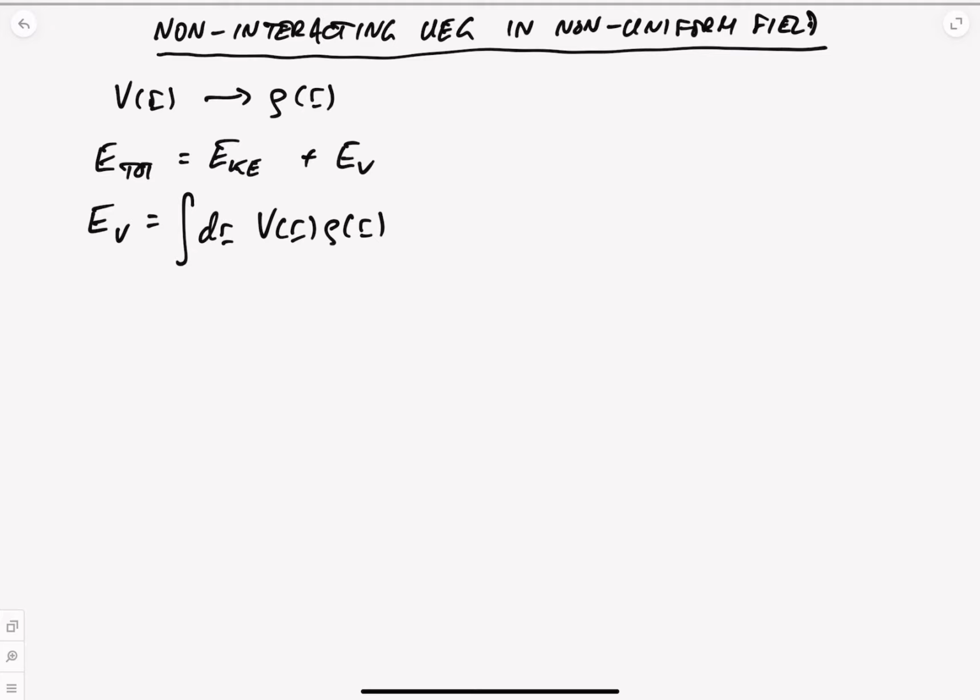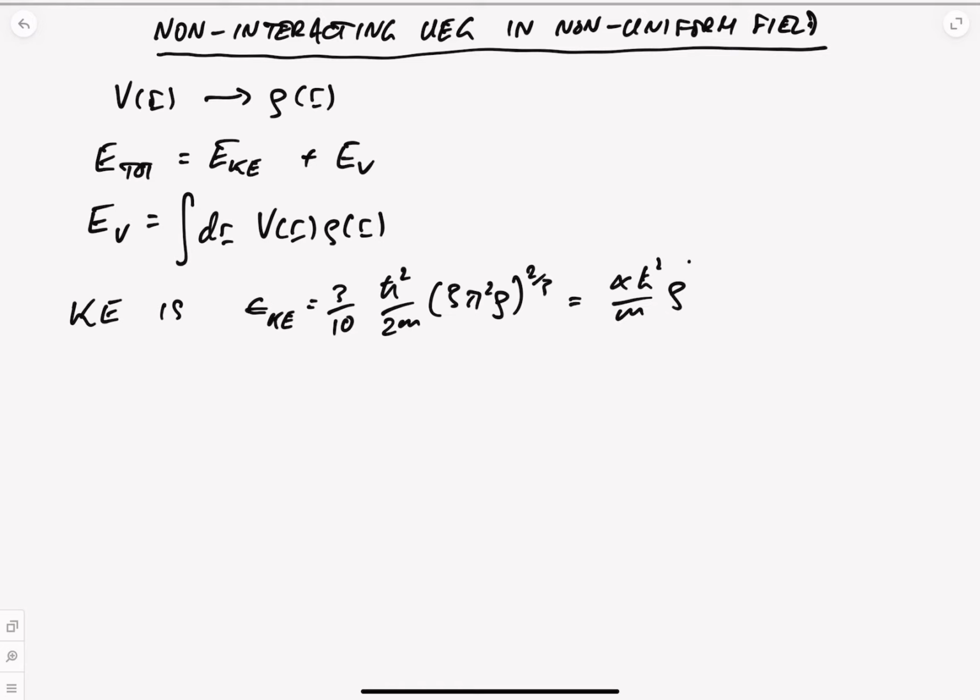Well, we start by recalling that the kinetic energy of a uniform electron gas, which is non-interacting, is given by epsilon Ke is 3/10 h bar squared over 2m into 3 pi squared rho to the 2/3, which we can write as alpha h bar squared over m rho to the 2/3, where alpha is given by 3/10 into 3 pi squared to the 2/3.